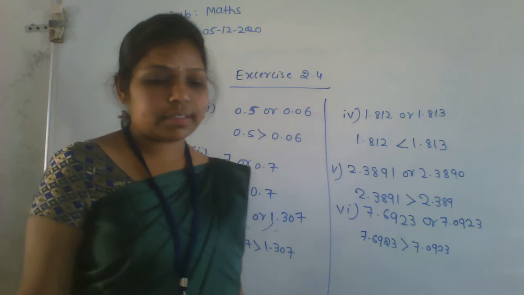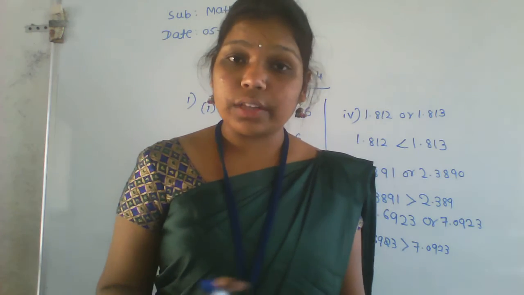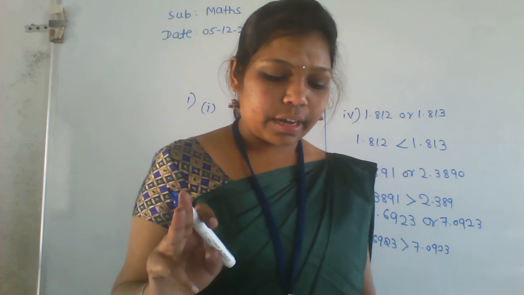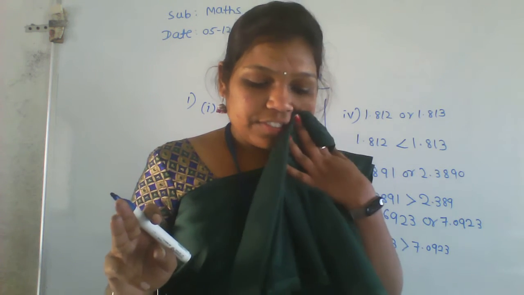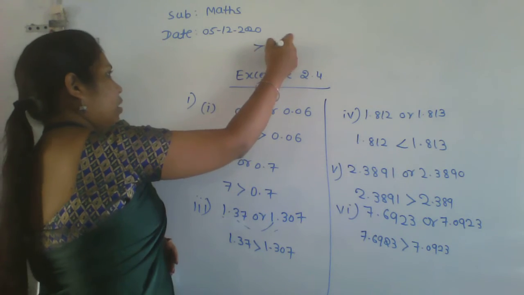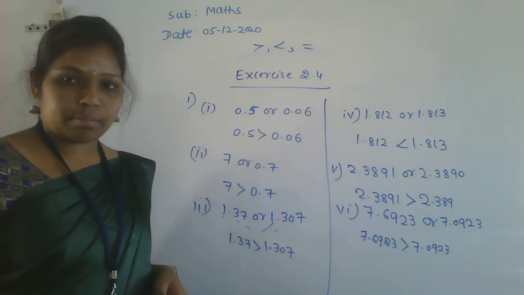Okay. So the first one is completed, exercise number 2.4. Next, go for the second one. That is fill in the blanks with the symbols only, means less than, greater than, or equal. You have to use these symbols.